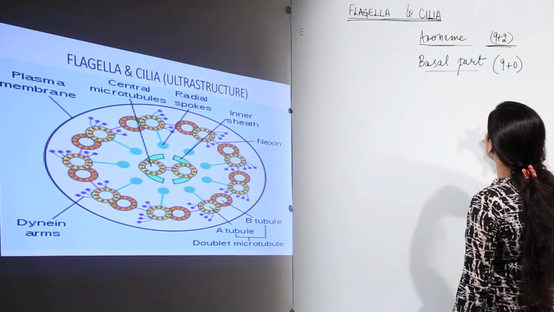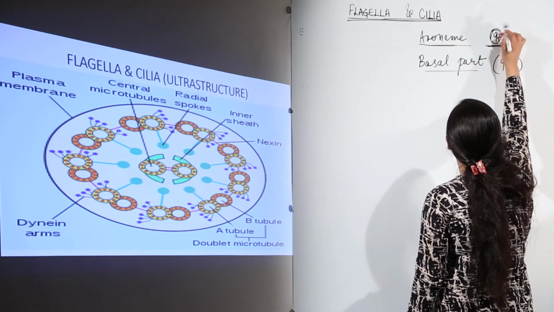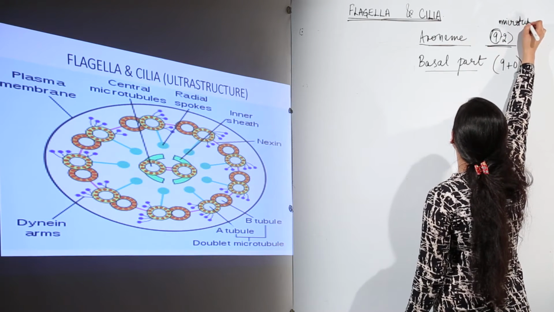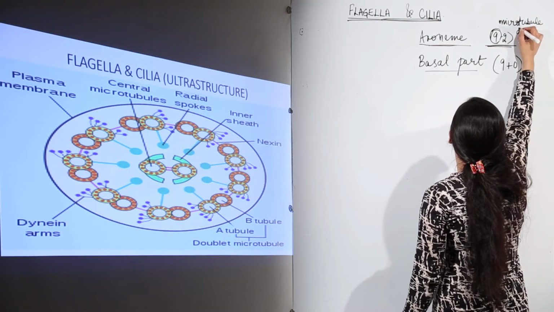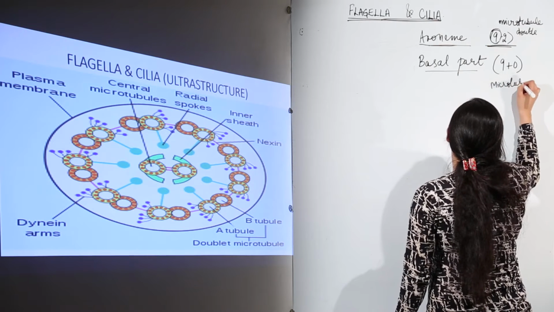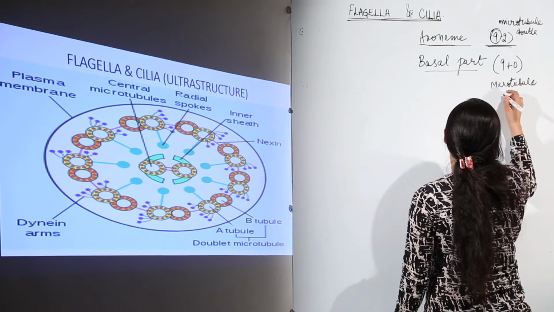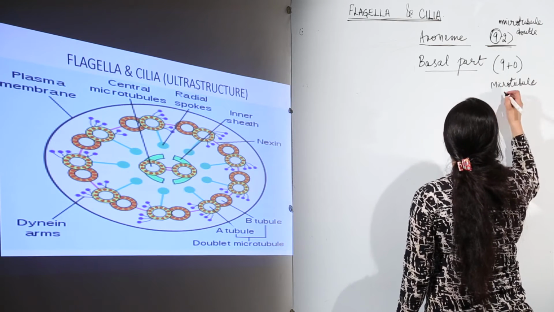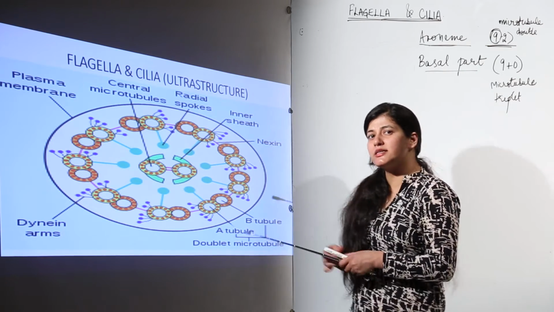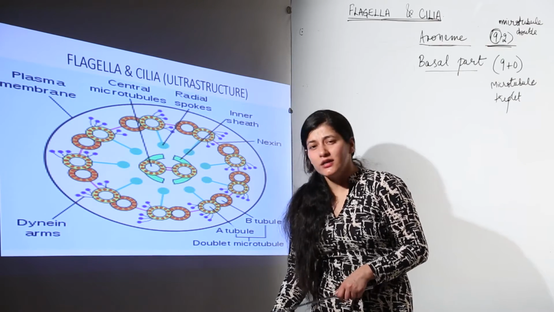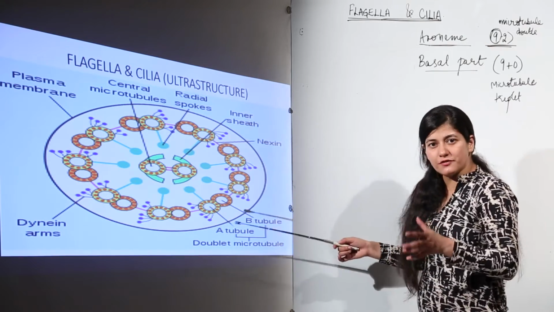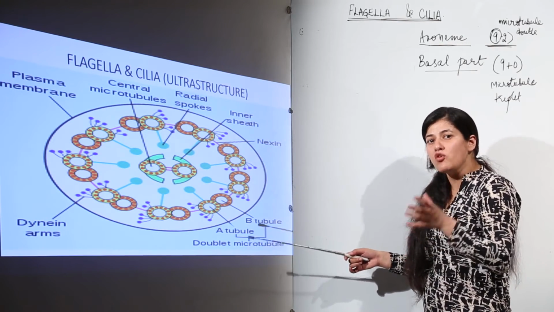The second thing to remember is that here the nine are represented by microtubule doublets, and in the basal part by microtubule triplets, and there is no central pair. We need to learn the structure of the axoneme in detail. The basal part can be skipped, because the axoneme is the main structure responsible for bringing about the movement of the flagellum.